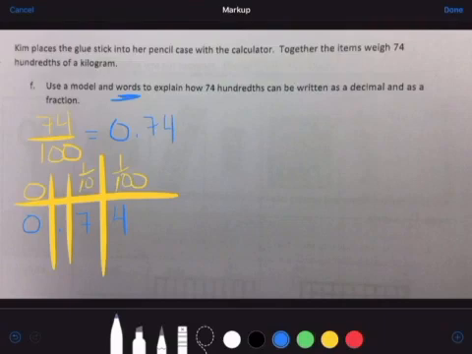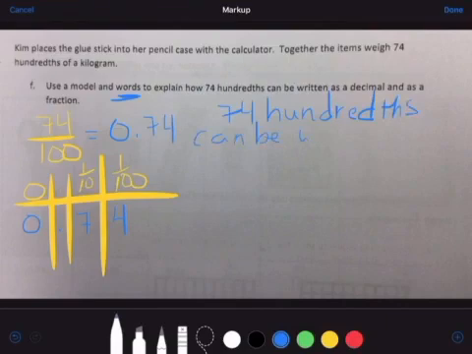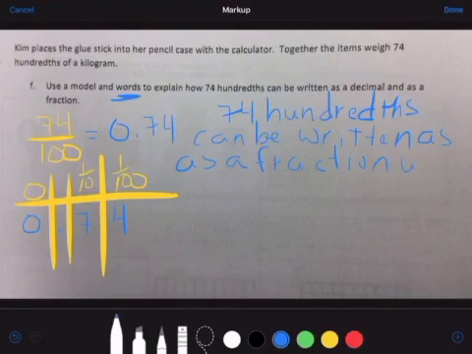So we could write 74 hundredths can be written as a fraction with 100 as the denominator, right? The part on the bottom as the denominator.